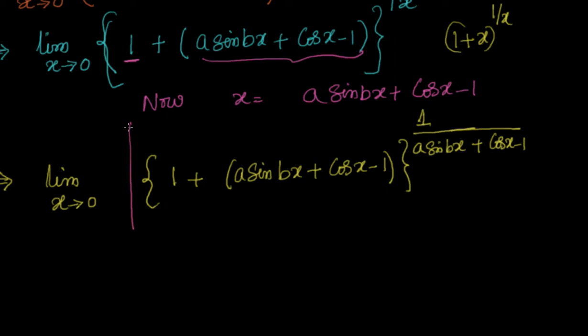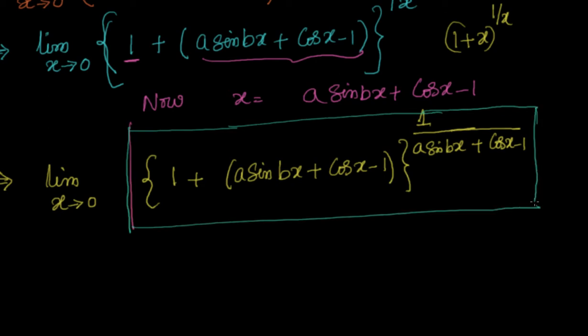Let me put it in another color. Now this makes sure that this whole thing will become e. Now the only problem is I don't have this term here. I just placed the term because I want to simplify it, so I should nullify it. I have to do one more step.